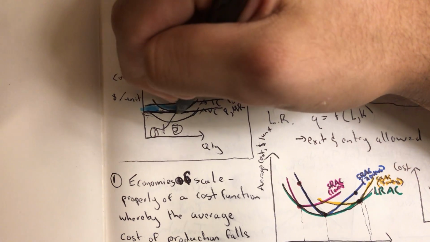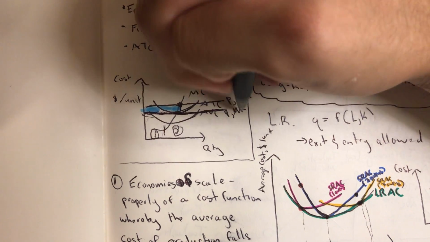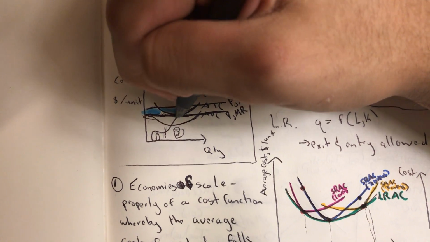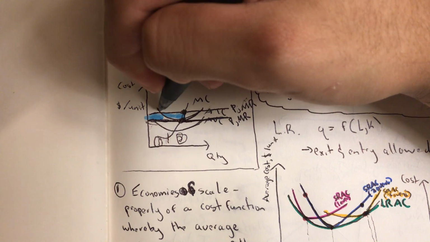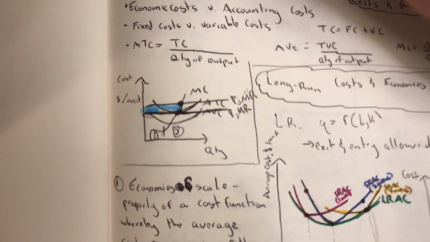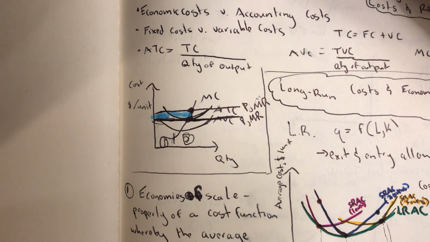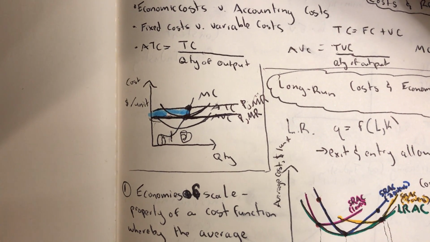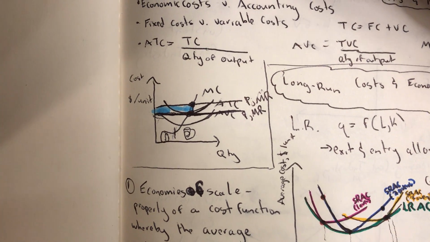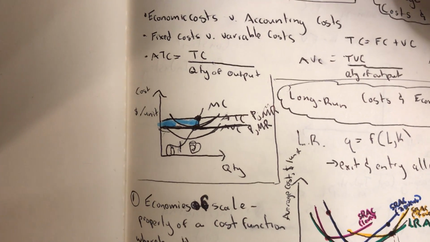So where the marginal revenue curve is tangent to the minimum point of the average total cost curve, that's a firm in normal profit, meaning it has zero economic profit, right?